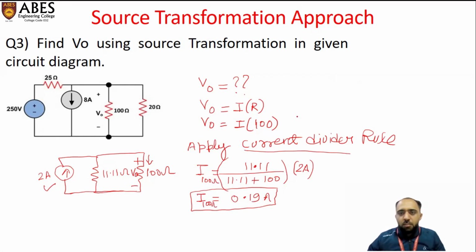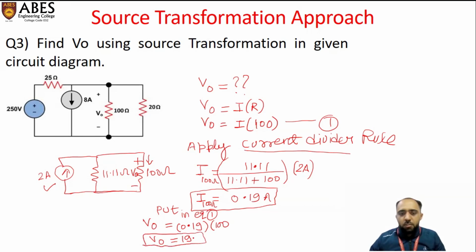Now we can put this value into equation number 1, and V naught will be 0.19 into 100, approximately 19 volt or 19 point something. This will be the answer using the source transformation approach.